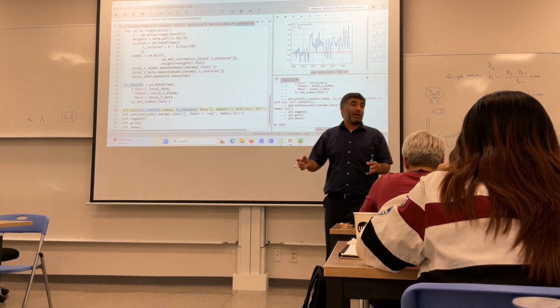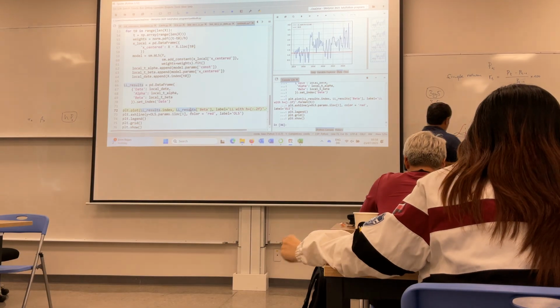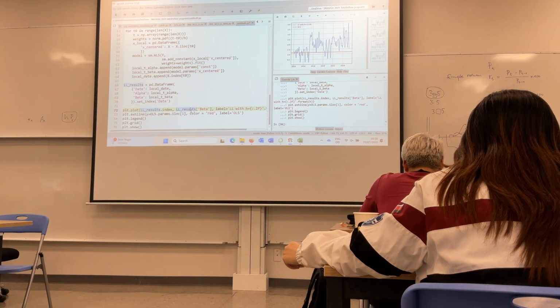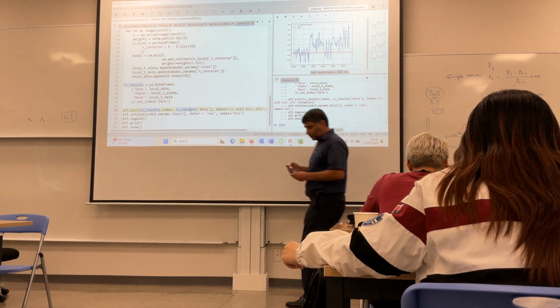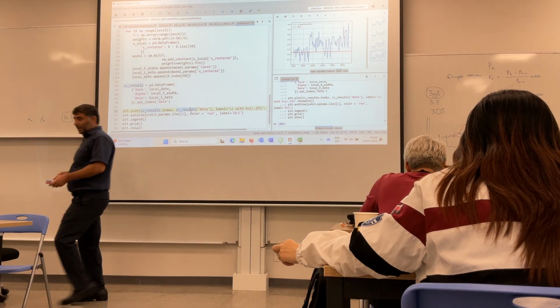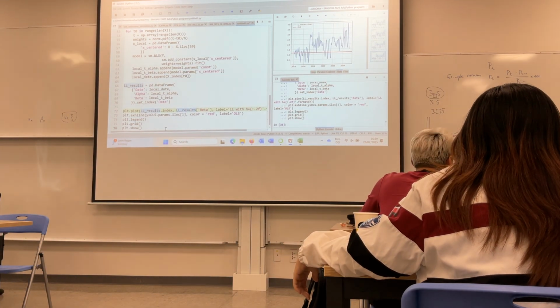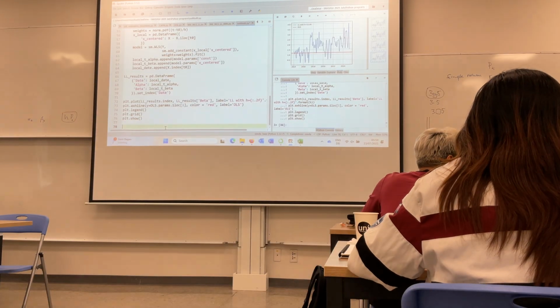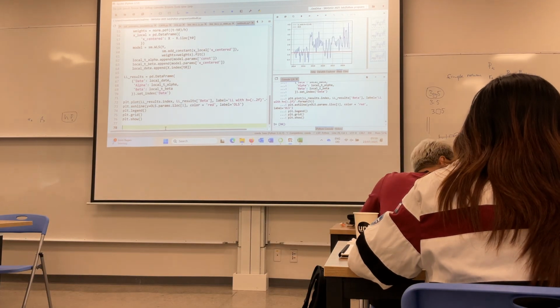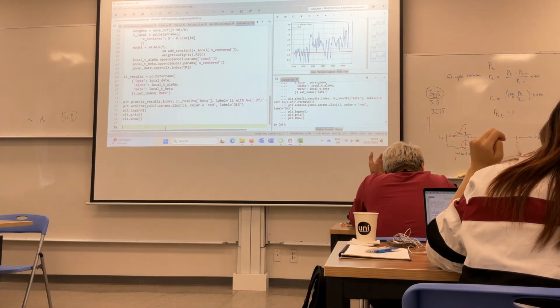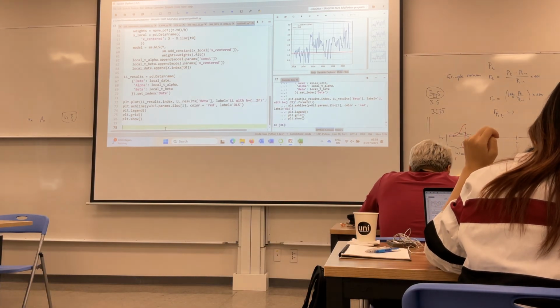You can also have a window which is 50 behind and 50 ahead. Okay? So let's do the rolling window regression here. That's pretty simple, and then we compare the two together.